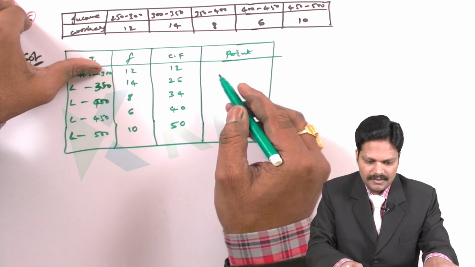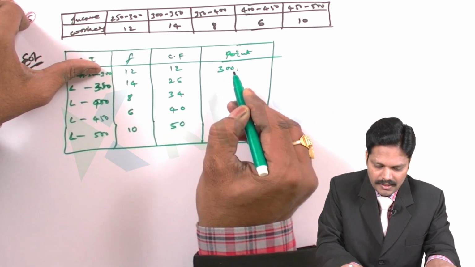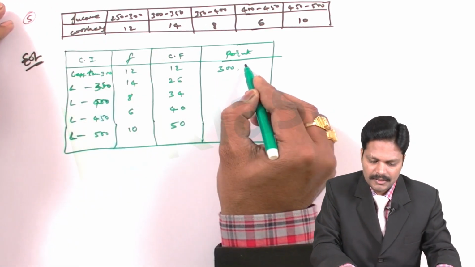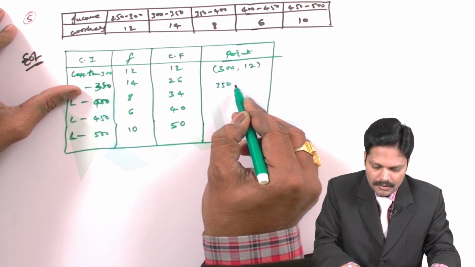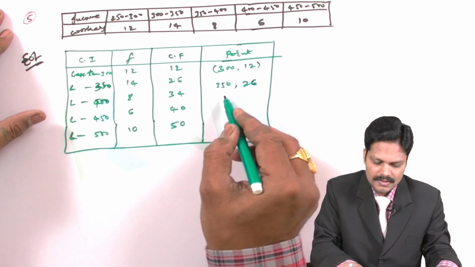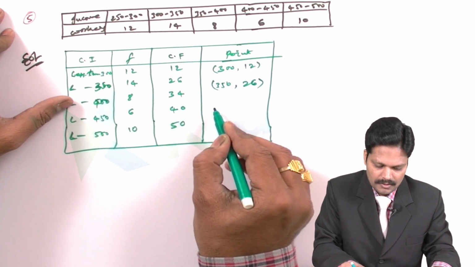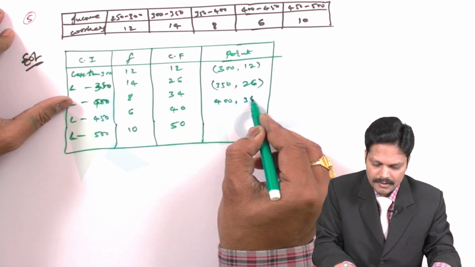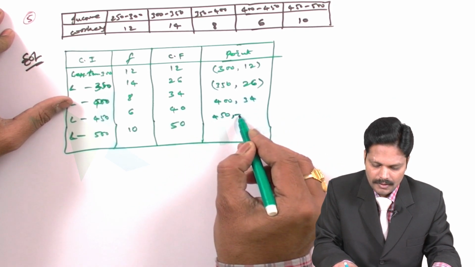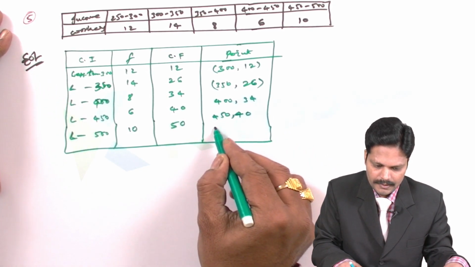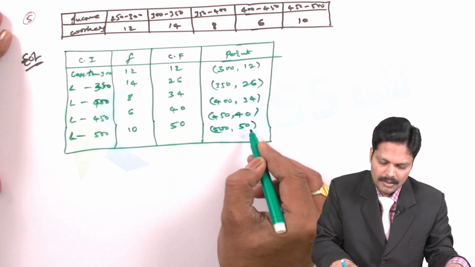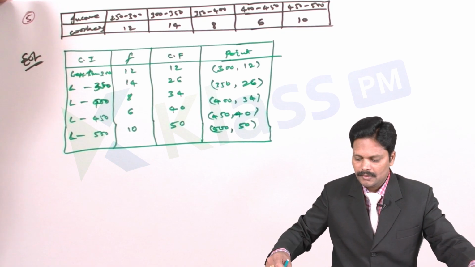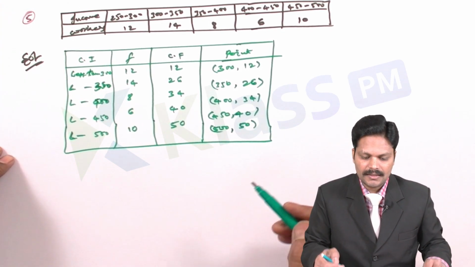So the values are less than 300 with cumulative 12, less than 350 with 26, less than 400 with 34, less than 450 with 40, and less than 500 with 50. These are the points we are taking to plot in the graph.